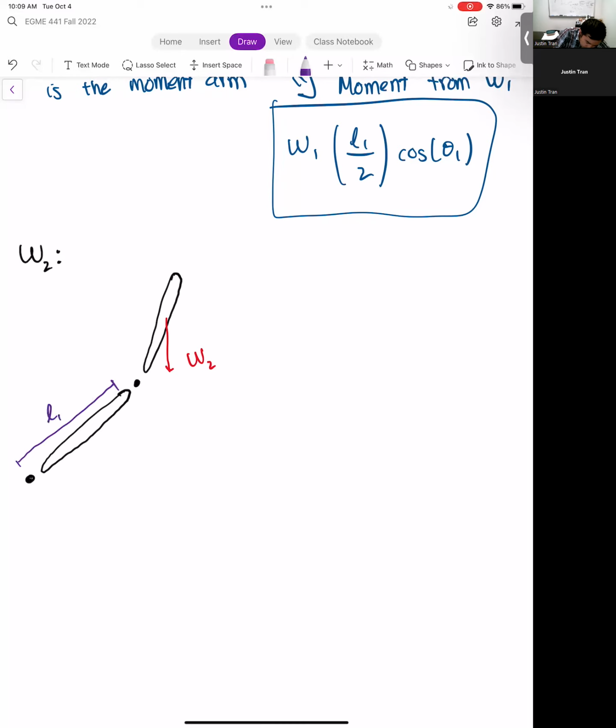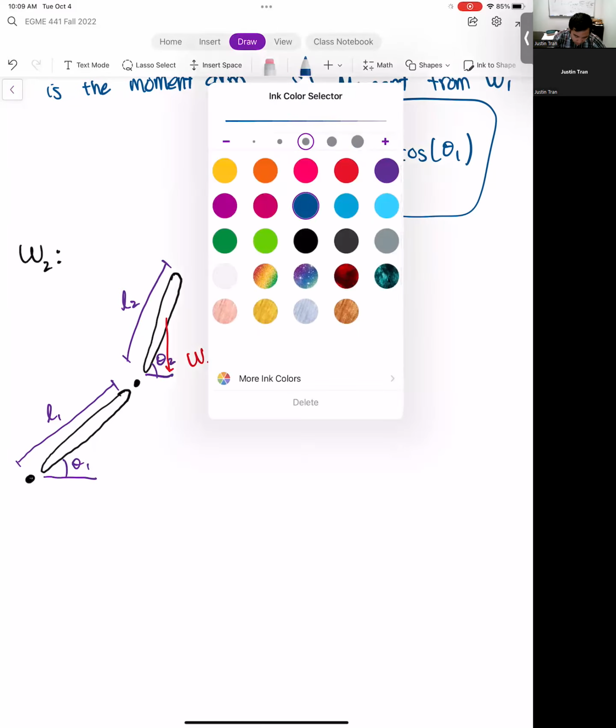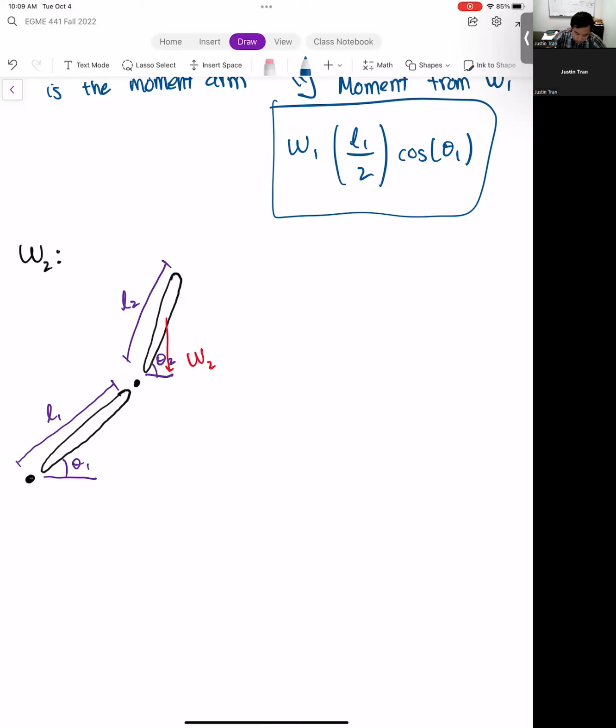So we know that this length right here is L1. This total length right here is L2. This one's theta 1. And this angle right here is theta 2. Okay, and so let's go ahead and follow the same logic we did in the previous problem, and then use this to compute the moment arm for W2.